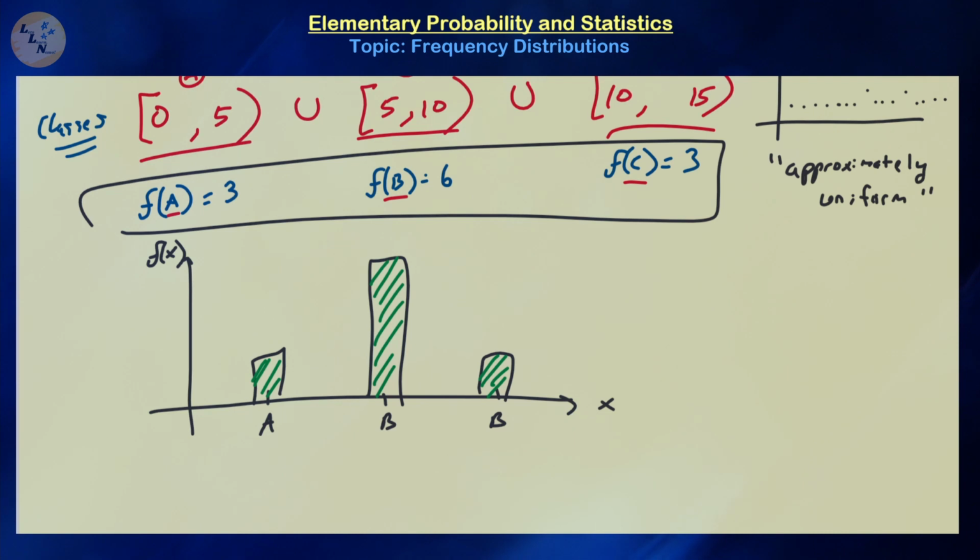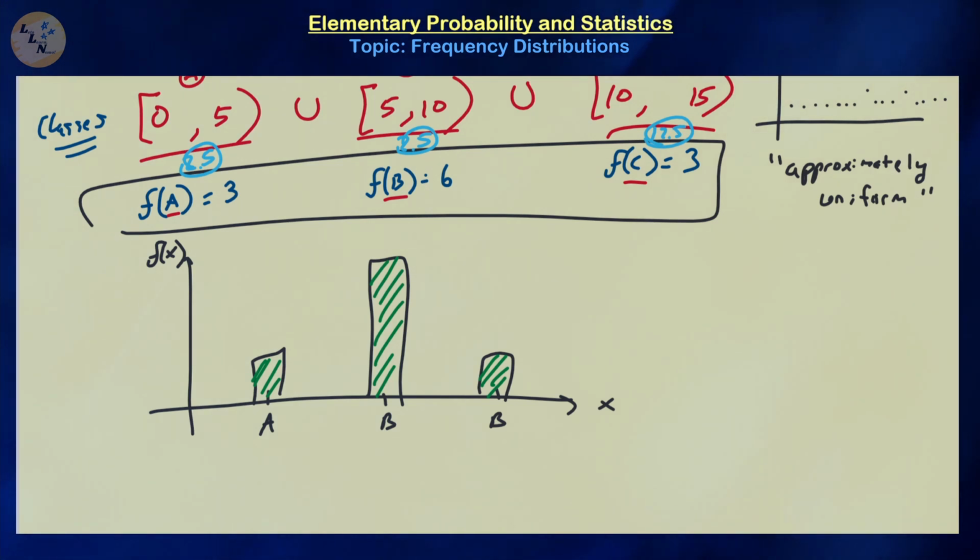Some people will choose point estimates for each of these intervals. For example, you can choose the mid-range, for example, 2.5, 7.5, and 12.5 as representatives for these classes, and then treat all of the elements in each of those classes as those point representations.